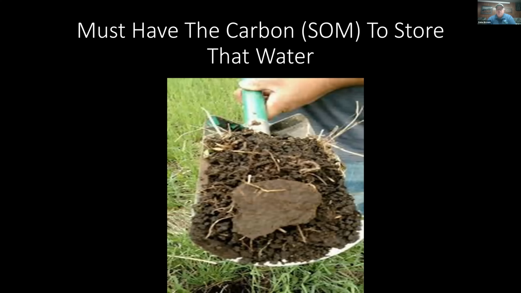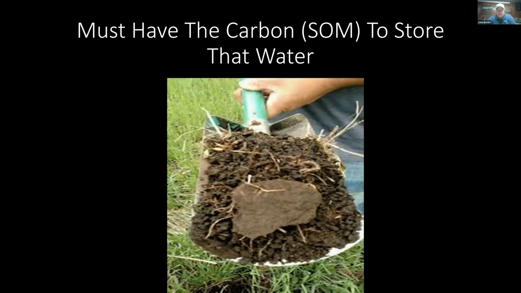In order to be stored in the soil, we must have the carbon. In other words, remember, soil organic matter is 58% carbon, to store that water. On the spade there that I'm holding in this photo, that's my soil on the spade.